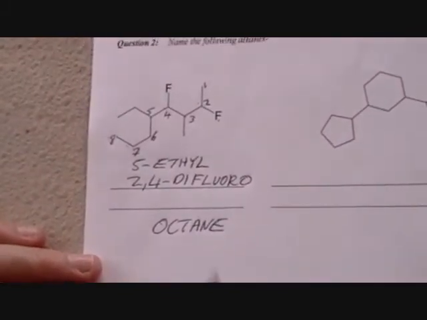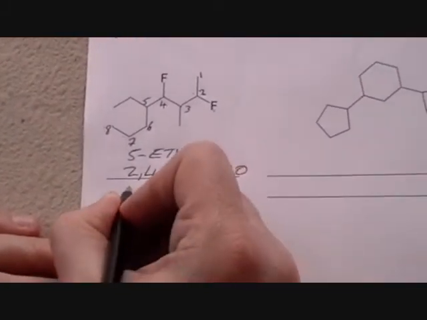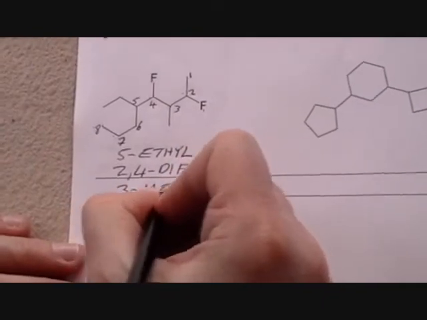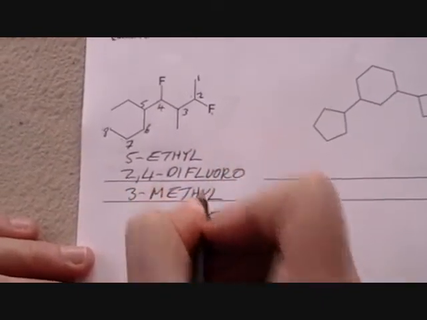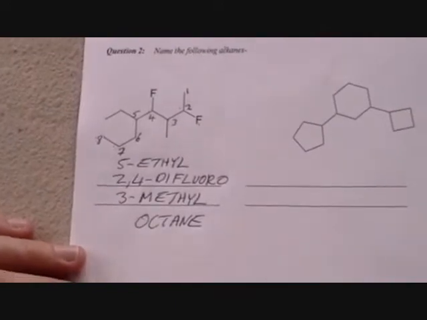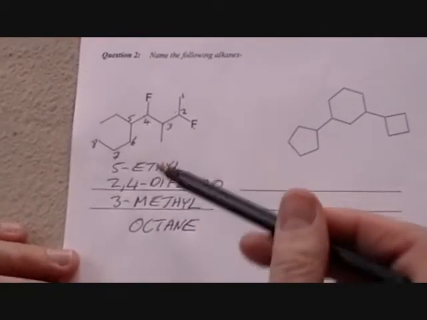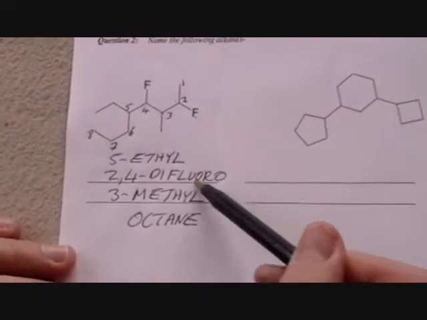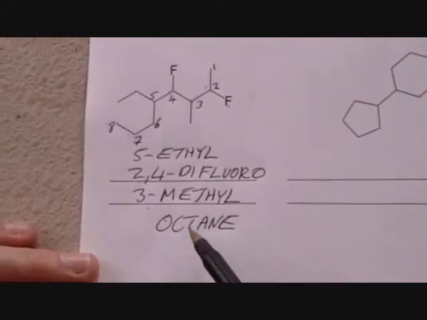And then the last part, of course, is we have the M for methyl, so 3 methyl. So the whole name for this molecule is 5 ethyl 2,4 difluoro 3 methyl octane.